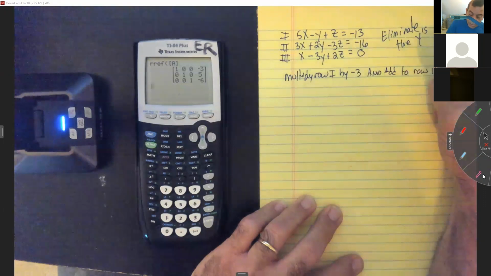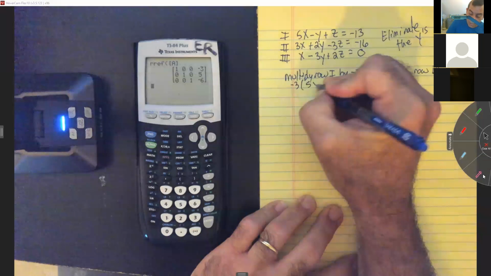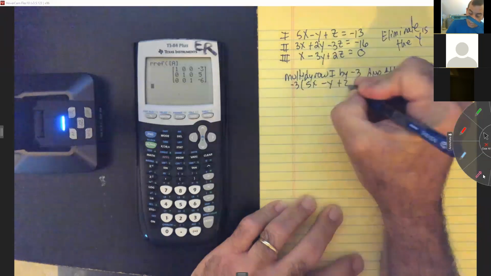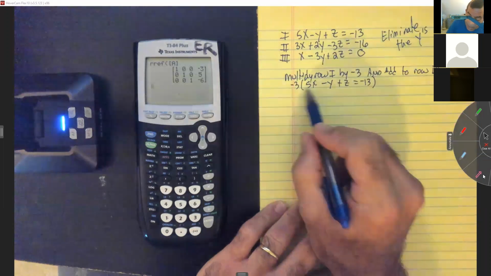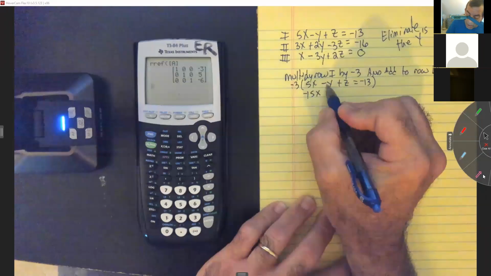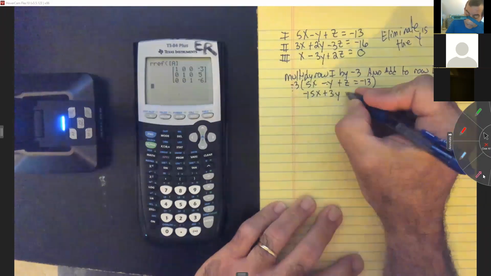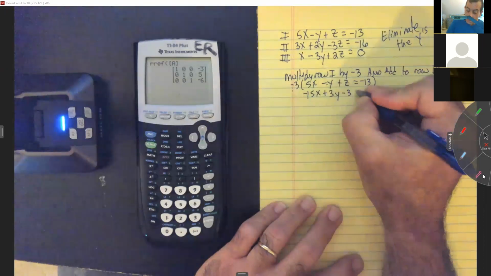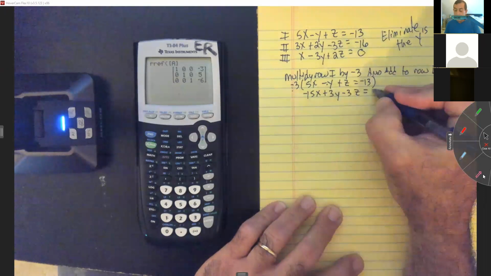All right, so -3 times the 5x minus the y plus the z equals -13. So let's see what that'll do. That'll give me a -15x. Negative times negative makes that a positive 3y. Negative times positive is a -3z. And then negative times negative is a positive 39.